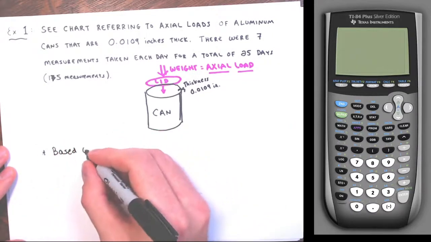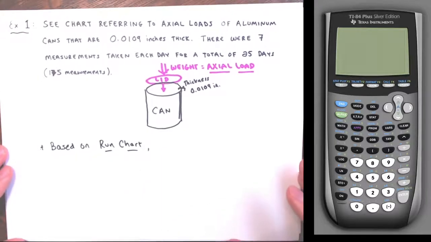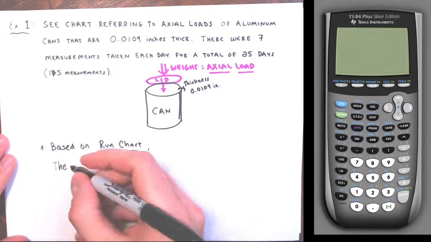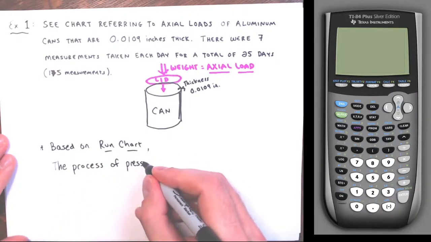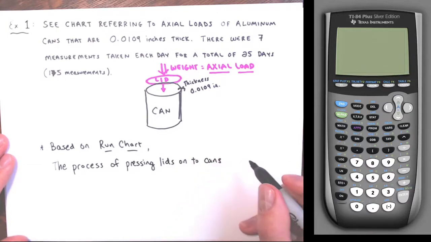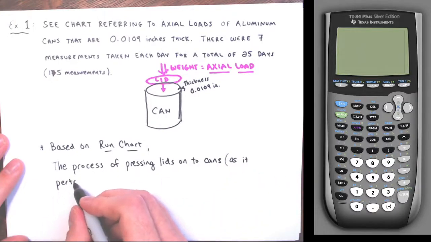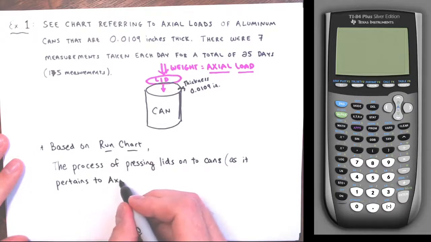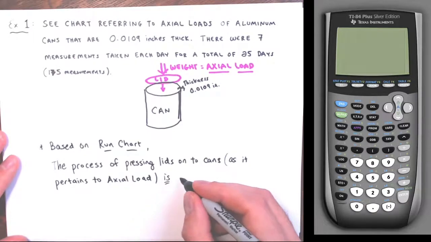Based on the run chart, I would say this process of pressing lids onto cans, as it pertains to axial load, the things I was measuring, is statistically stable.